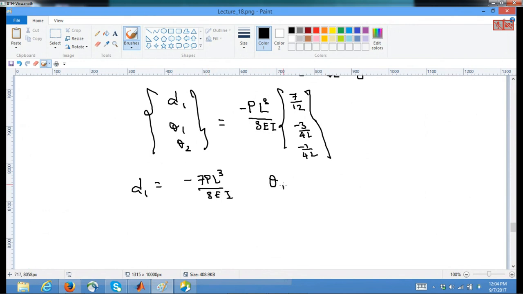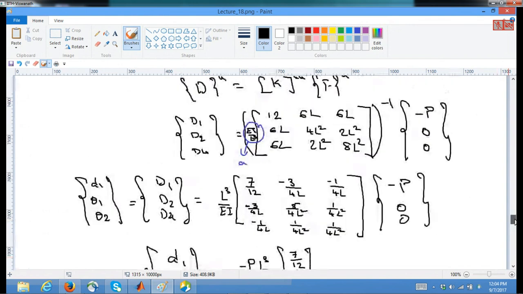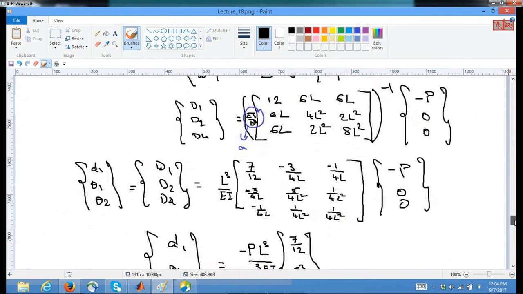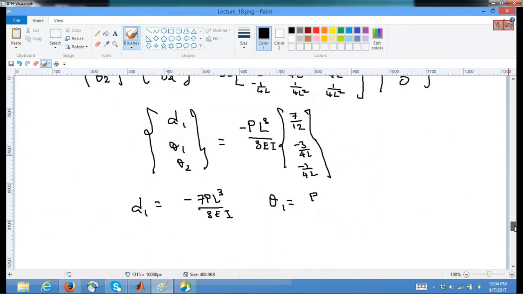My slope at that place is, just a minute, I just made a mistake. This is PL cube by EI.